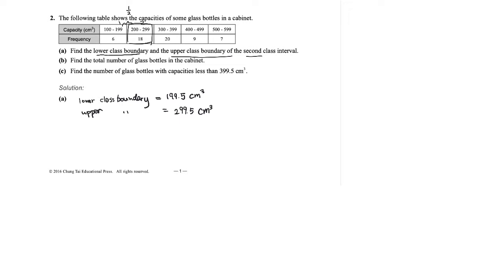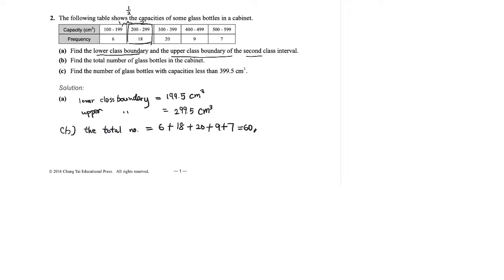Okay, and then for B, the total number will be the sum of the frequency. Therefore, it equals 6 plus 18 plus 20 plus 9 plus 7, which equals 24, 44, 44 plus 16, 60.